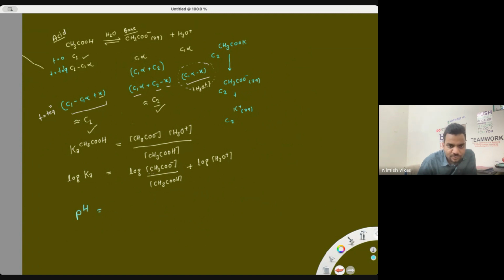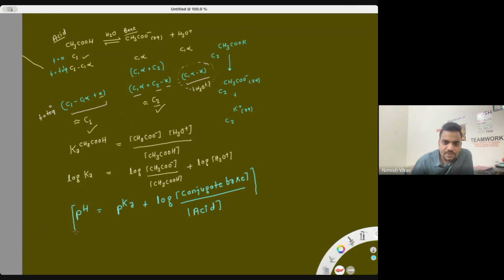And log Ka, when it goes to the right hand side, becomes minus log Ka, which is pKa, plus log of concentration of acetate ion, which I can write as conjugate base, divided by concentration of acid. So conjugate base upon acid. This is the pH.